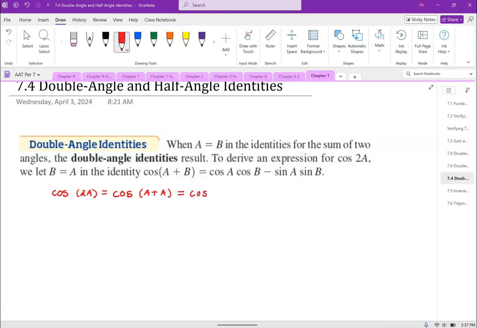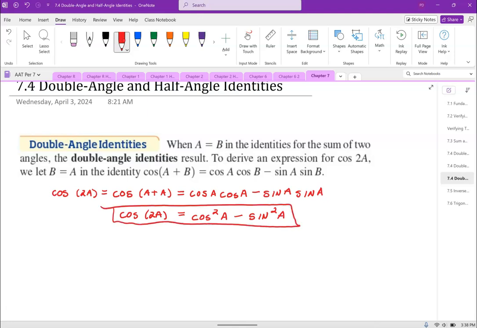The cosine of A times the cosine of A again, minus the sine of A times the sine of A, gives our first double angle identity: cosine squared A minus sine squared A. So there is your very first double angle identity for cosine.